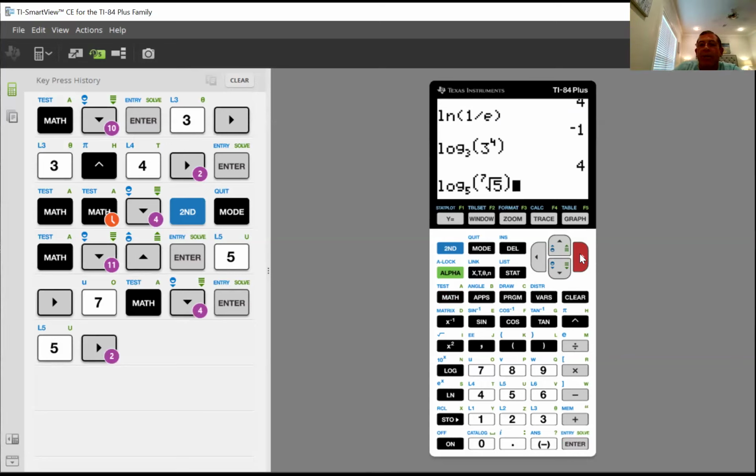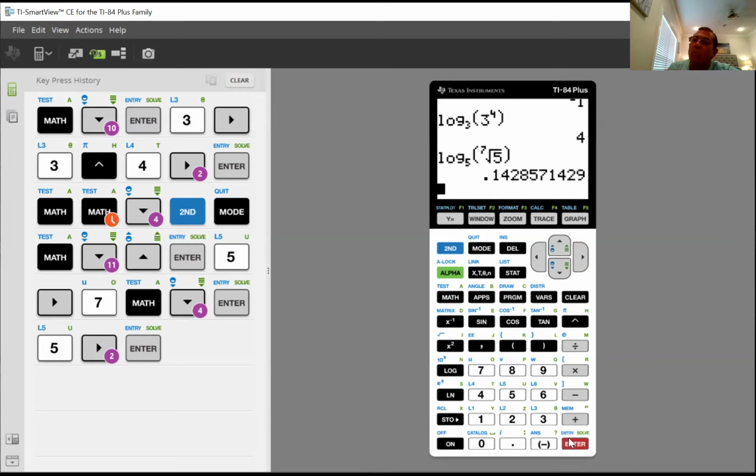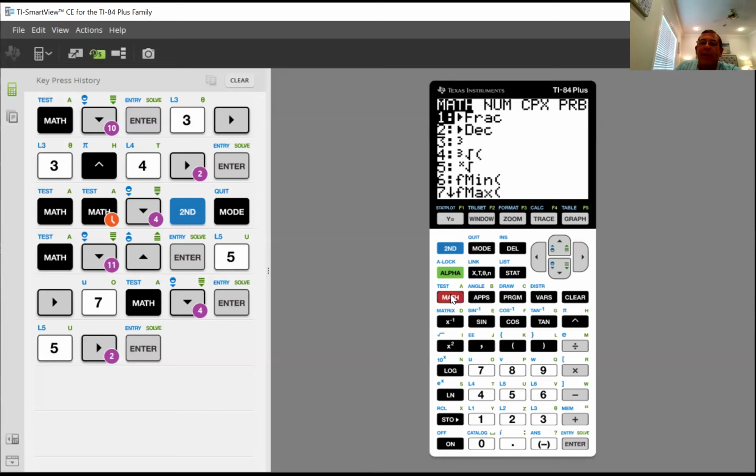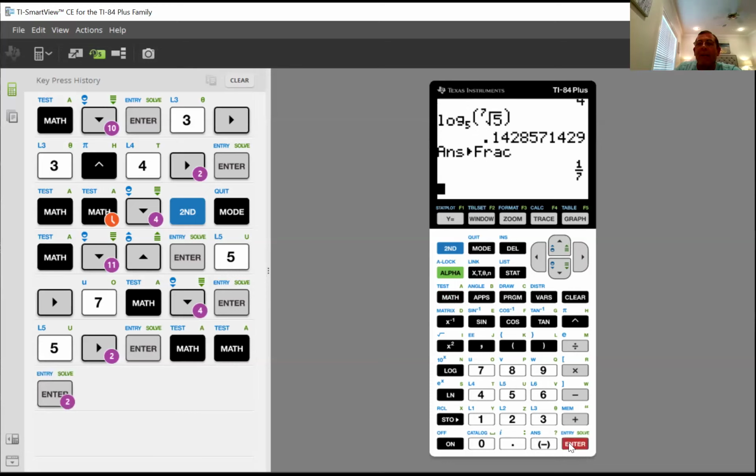All right, y'all, so watch this. I hit enter. Now, I don't want decimals, so I got to go back to math and turn that into a fraction by hitting enter twice, and it is a 1/7. So, check this out.